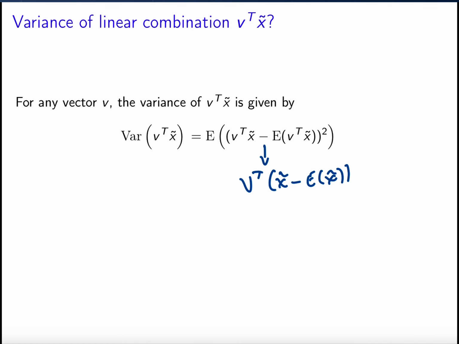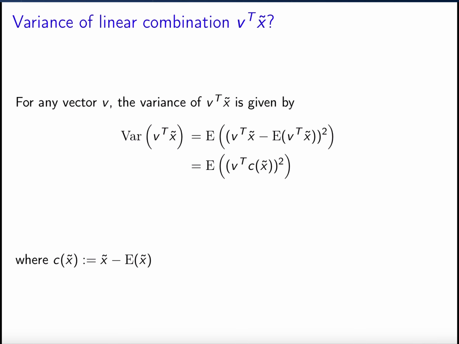So we're computing the linear combination of the centered vector. This centered vector, we're going to call C of x to simplify notation. So the variance of the linear combination is the mean square of the same linear combination applied to the centered vector.